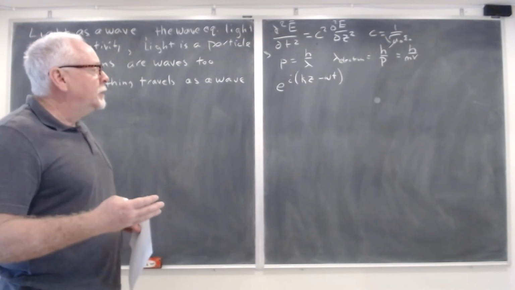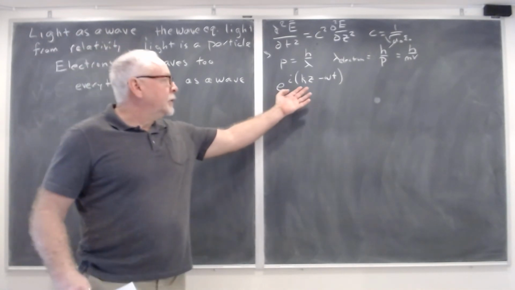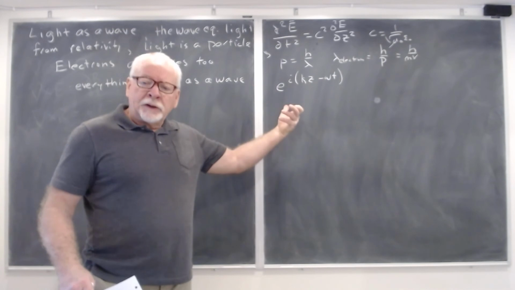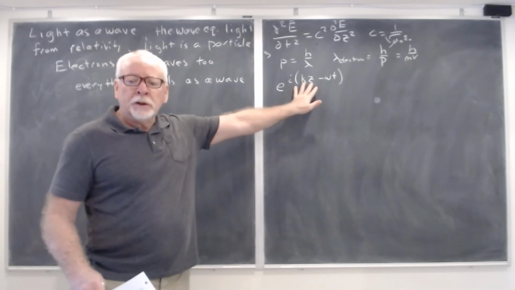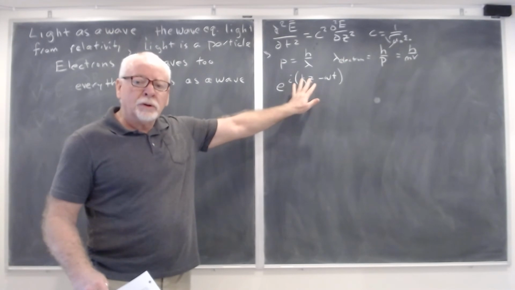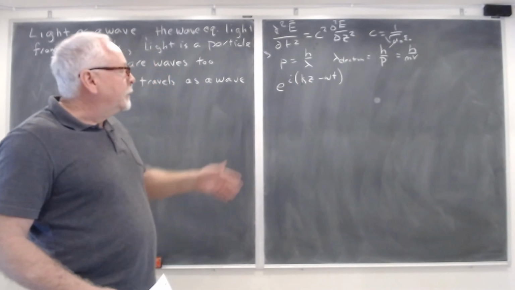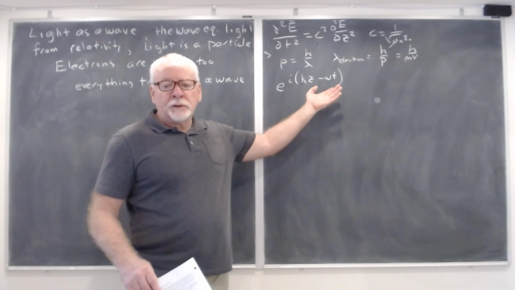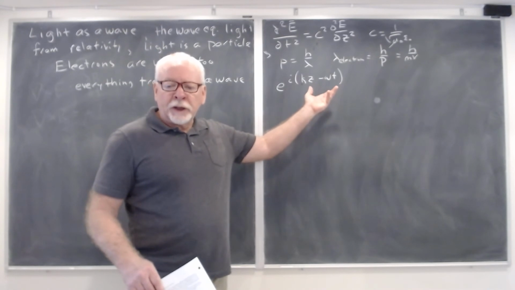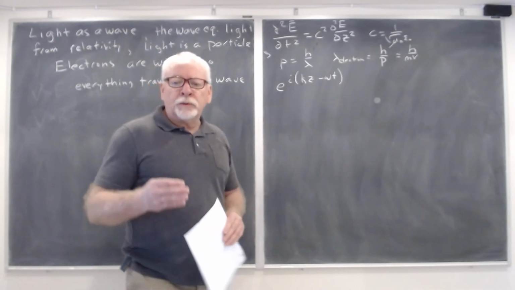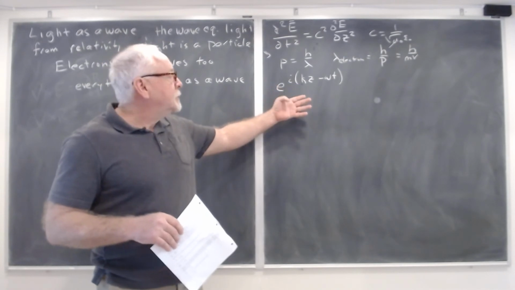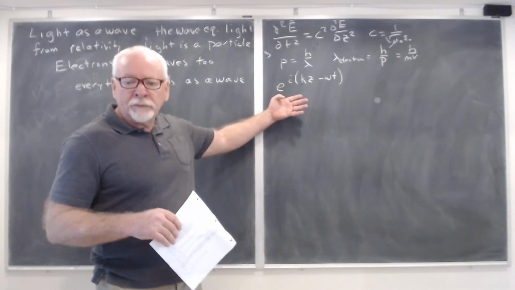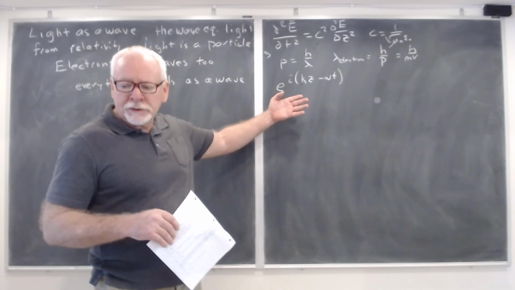But basically, you were supposed to understand how to relate k and lambda, that k times lambda is 2 pi, and that way this phase changes by 2 pi when you go 1 lambda distance, and that the velocity delta z over delta t is omega over k. So what's most important here is I want you to understand how to use this function for a wave, this wave function, and understand its meaning.